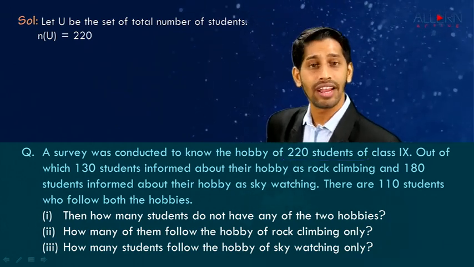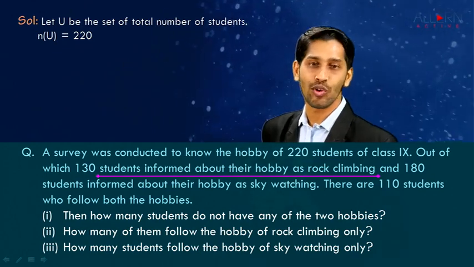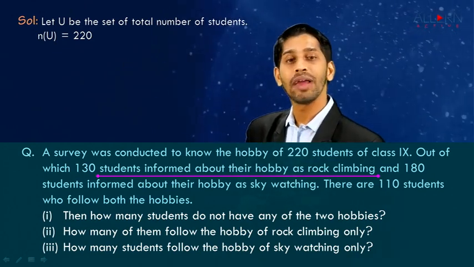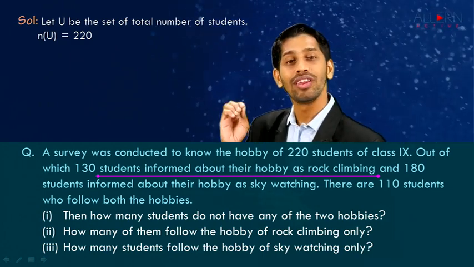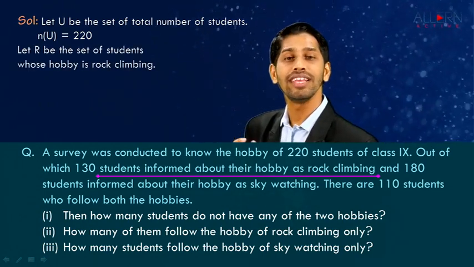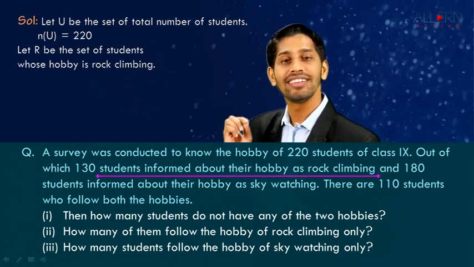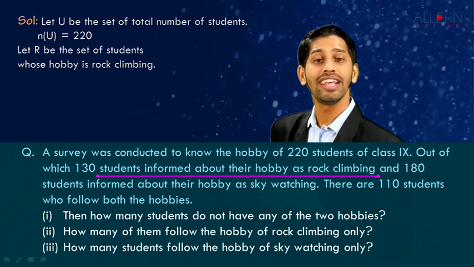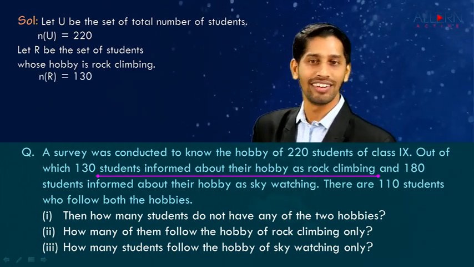Further it says that 130 students informed about their hobby as rock climbing. So for rock climbing, we are going to assign an initial letter, that is R. So we write a statement, let R be the set of students whose hobby is rock climbing, and since there are 130 students, we write in mathematical form n of R is equal to 130.